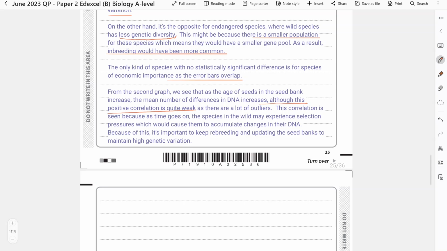And then also another explanation for what we see in the graph. So I wrote down that this correlation is seen because as time passes, the species in the wild might be experiencing selection pressures, and because of that, they would accumulate changes in their DNA, which can cause them to become a little bit different from the species that are in the seed banks.